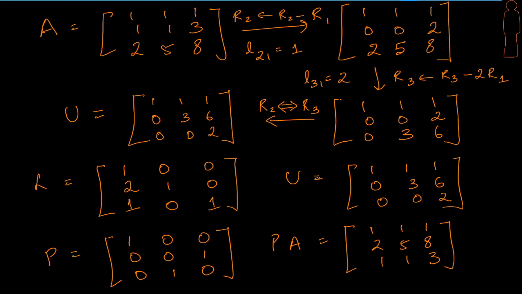Now, I have another question at this point. What if we had an L32 and we had this swap? How is it possible that we can fill up something here? Because we said we have to pick up the multiplier, go to the swapped position and then update. Would that alter the lower triangular matrix which has 1s in the diagonals?